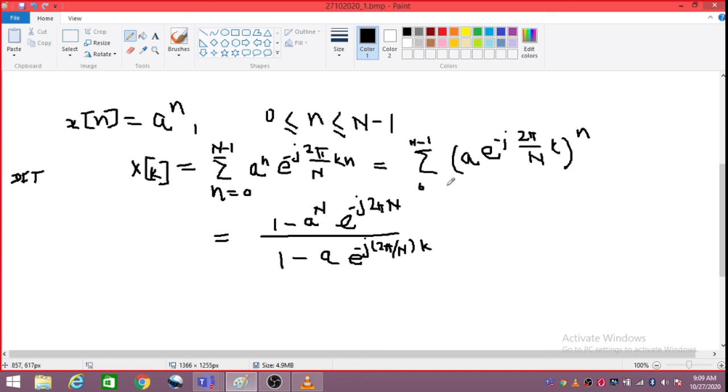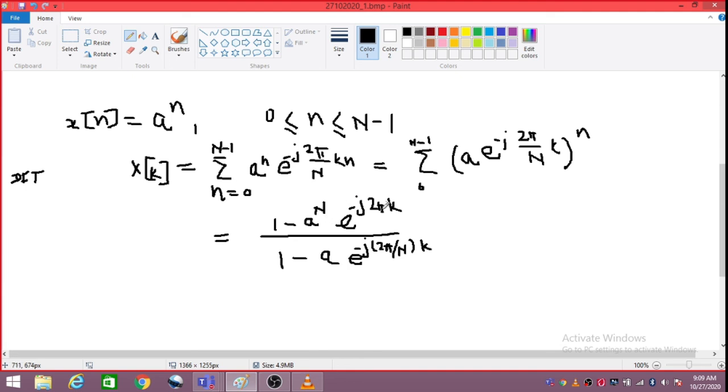Okay, so here it will be not n but k. Okay, common ratio raised to power n, a raised to power n, और यहाँ पे भी n लिखेंगे तो n से n कैंसिल हो जाएगा, then we will get this.